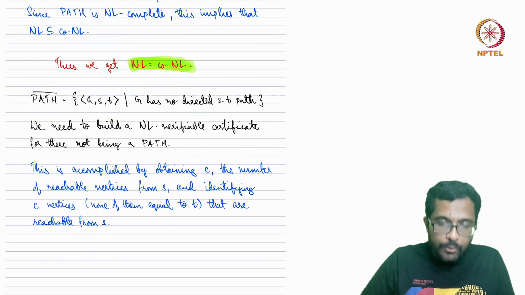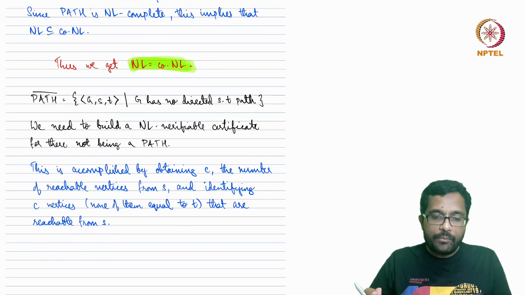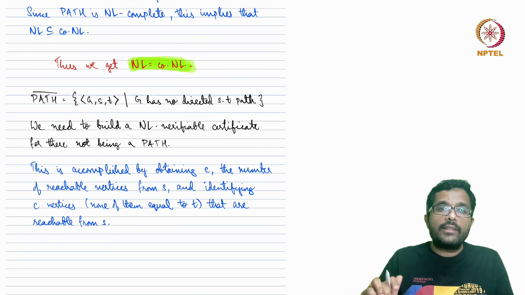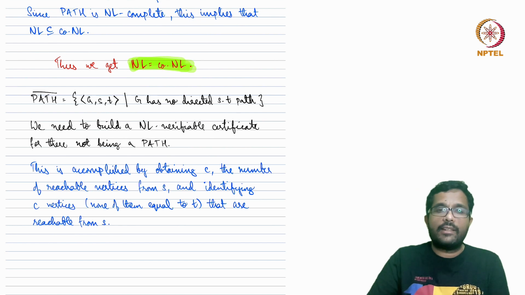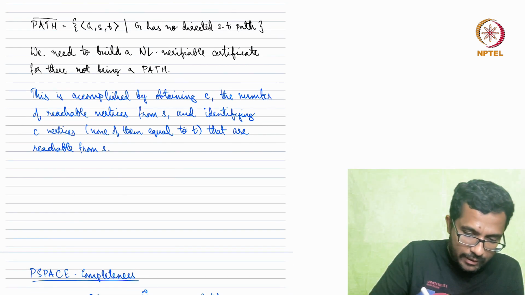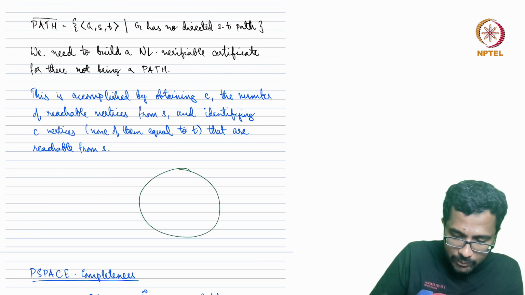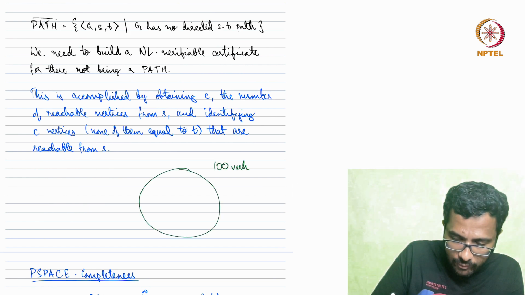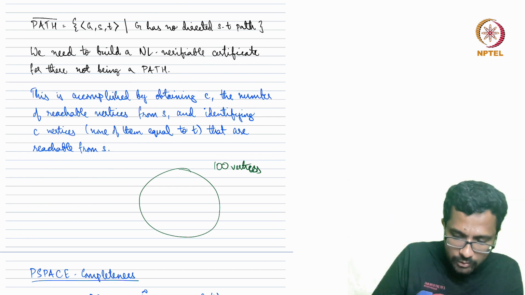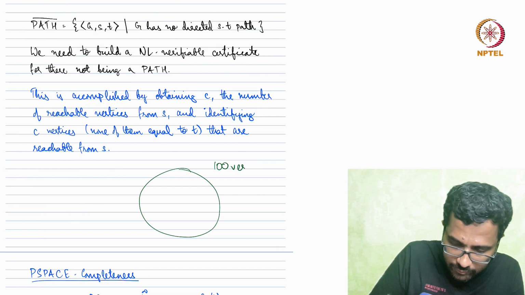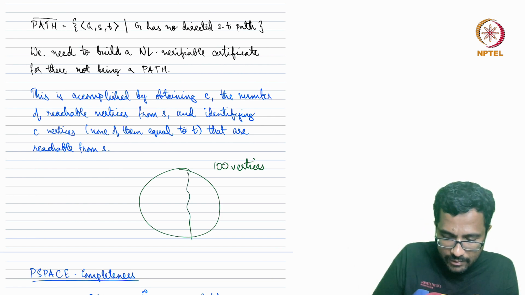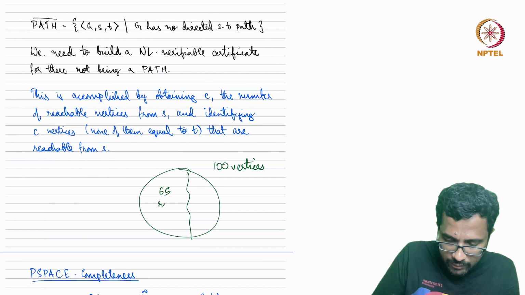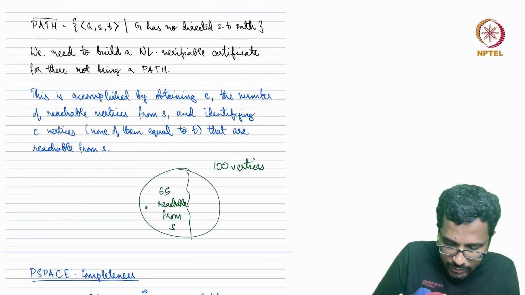And what the proof does is to actually determine the number of vertices that can be reached from S, right? Suppose the graph has, let's say, 100 vertices, and let's say only 65 of them are reachable from S. Of course, this will contain S itself.